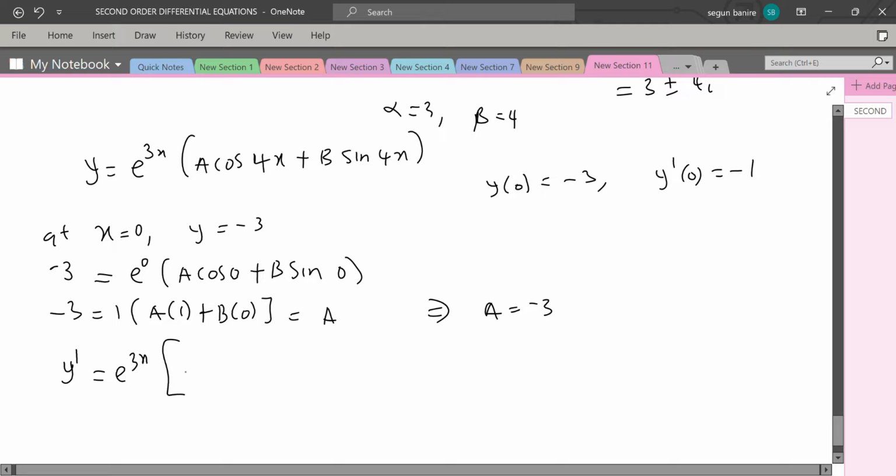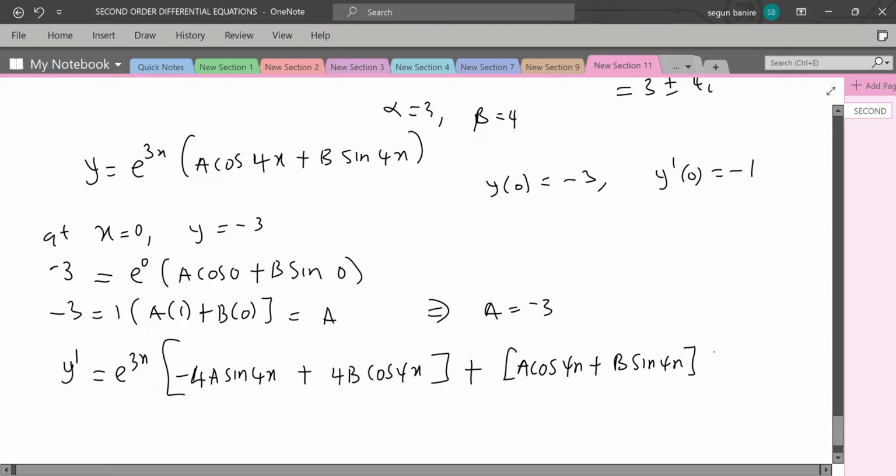Using the product rule, you get minus 4a sine 4x plus 4b cos 4x. So this is how you differentiate. This is for the first part, it's the product rule. So you say plus, you keep the bracket as found, and then you differentiate this. If you differentiate, I get 3 exponential 3x.